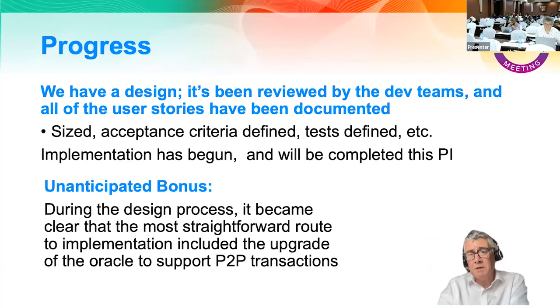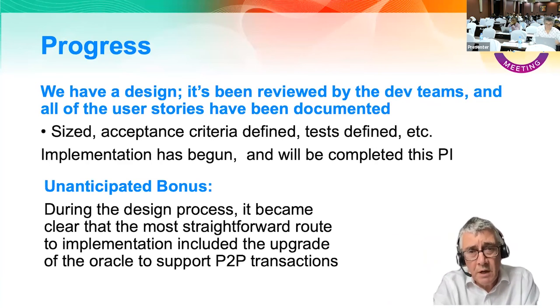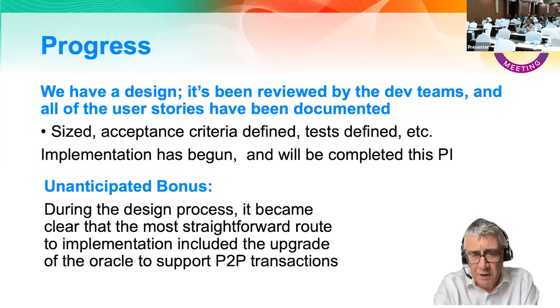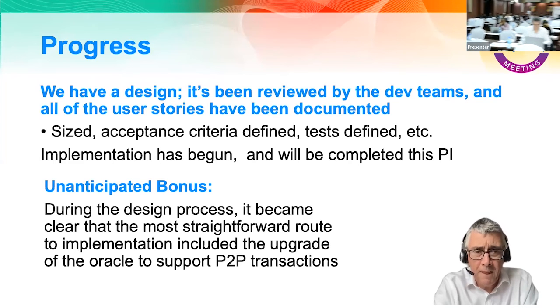We have an unanticipated bonus. During the design process, we discovered that, first of all, we needed to modify the Oracle to support the aliases for wallets, and therefore MSISDN routing to multiple wallets using the same mobile phone number.